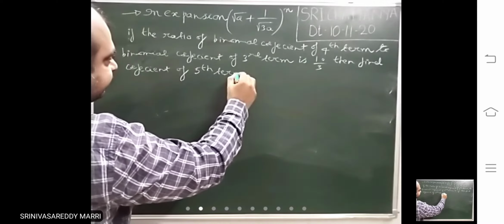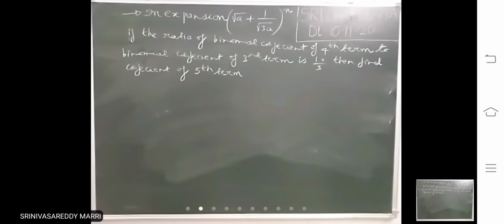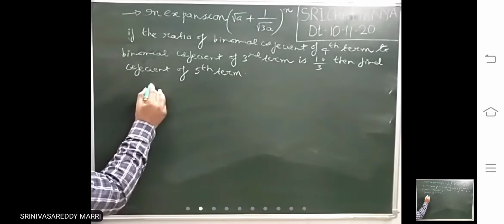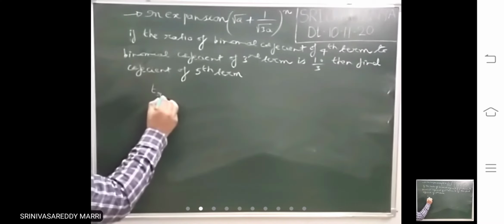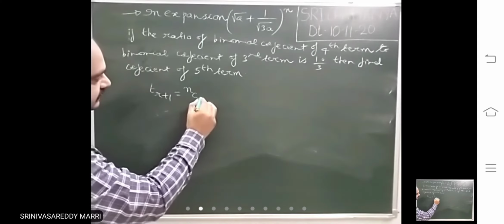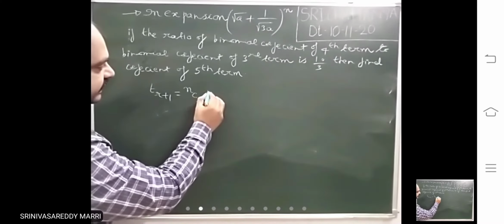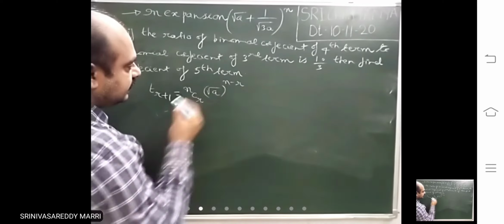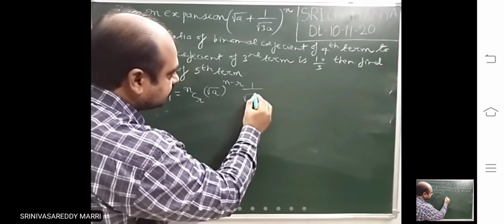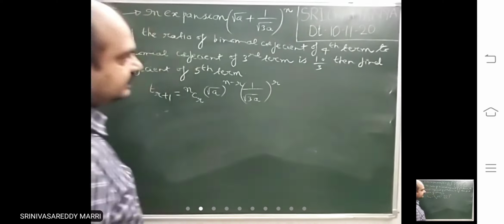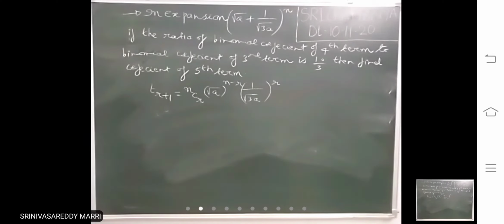Look, he will ask to find the coefficient of the term. So that means you have to find that term and then find the constant involved in it, right? So you write the general term. General term means nCr into first variable to the power n minus r into second variable to the power r.